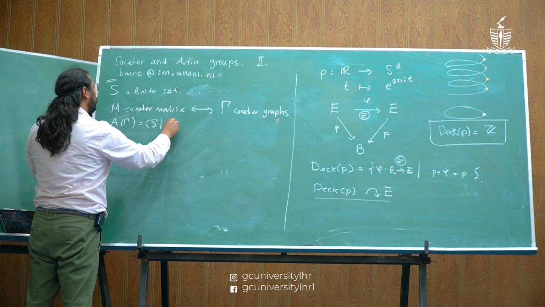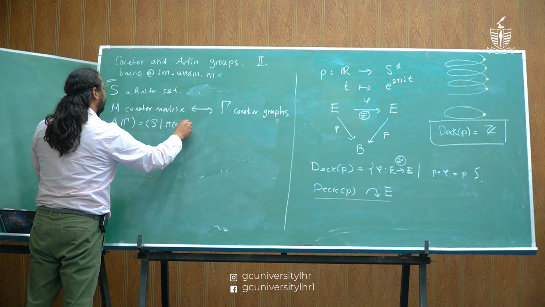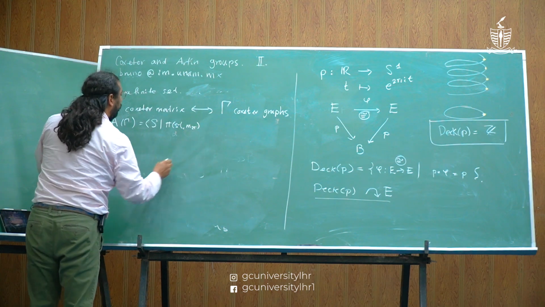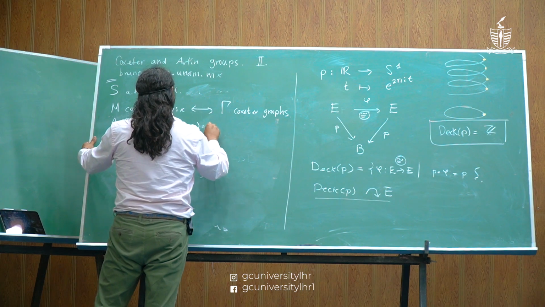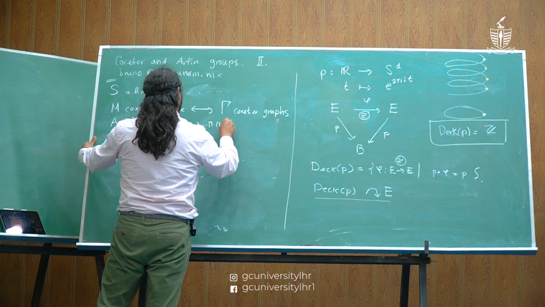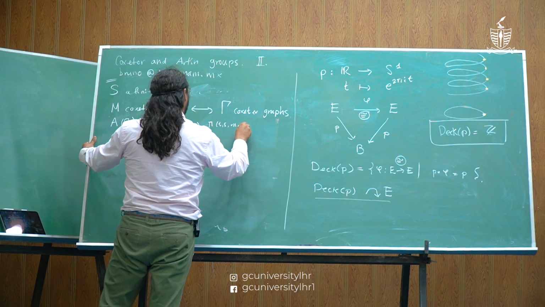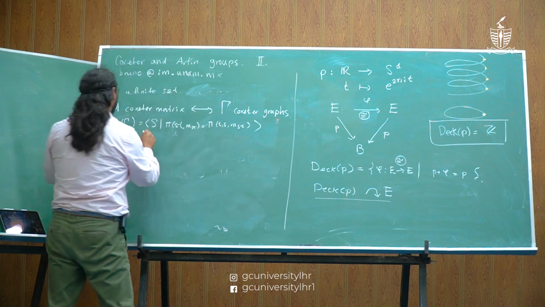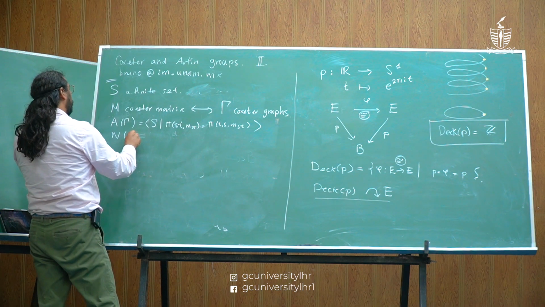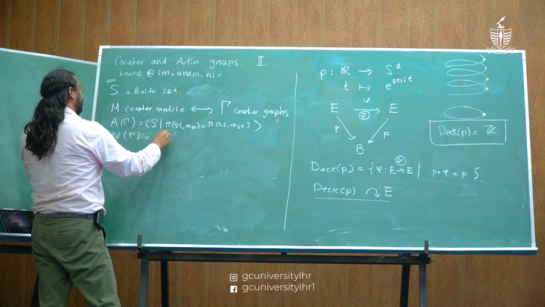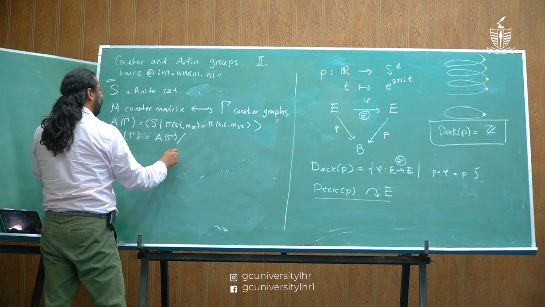As an abstract group, it has this presentation, no? And we define the Coxeter group as a quotient of this, no?